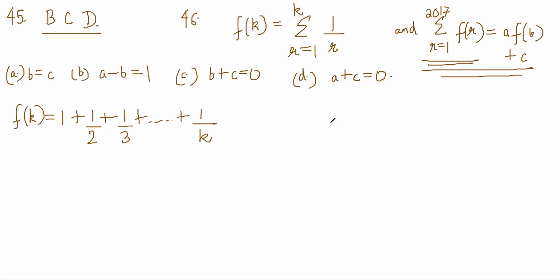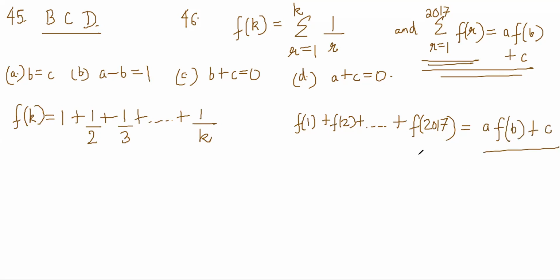This statement says that f(1) plus f(2) plus up to f(2017) is equal to a times f(b) plus c. So somehow we have to express it as one particular function value with some numbers multiplied with it, and get conditions on a, b, c.